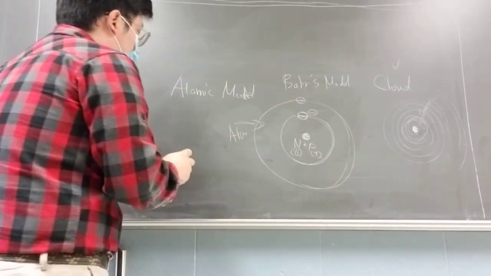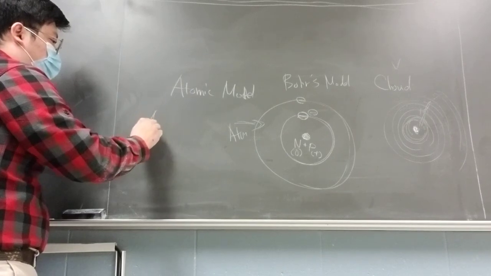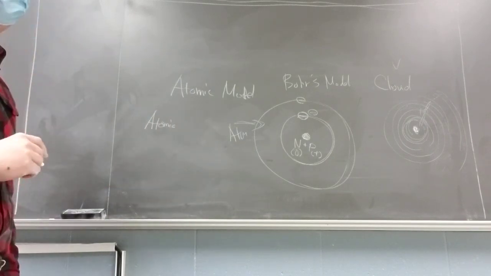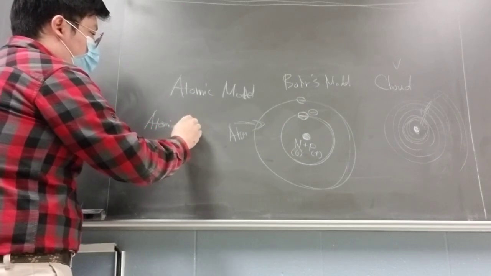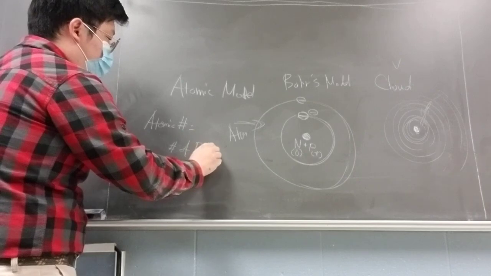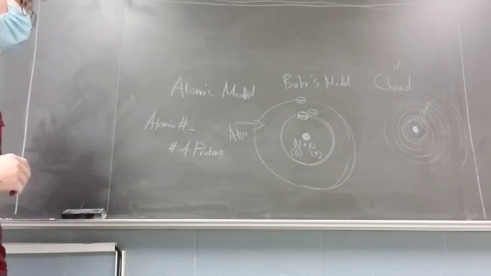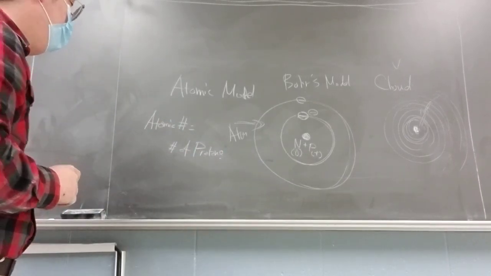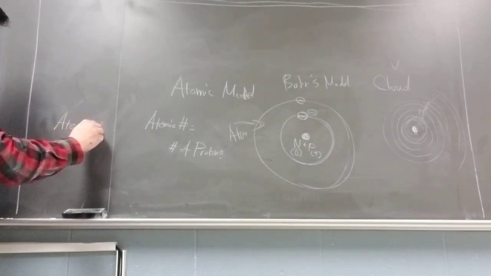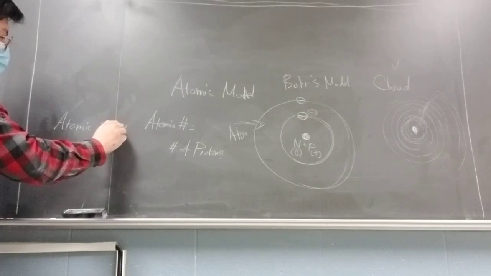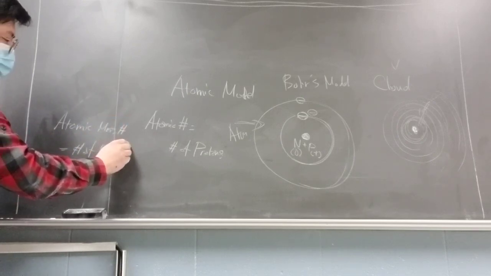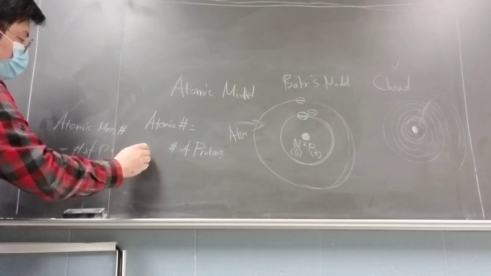And if you guys remember this one, the atomic number given to each different element in your periodic table is the same as the number of protons. You remember this? Okay. And then the atomic mass number is equal to the number of protons plus the number of neutrons.